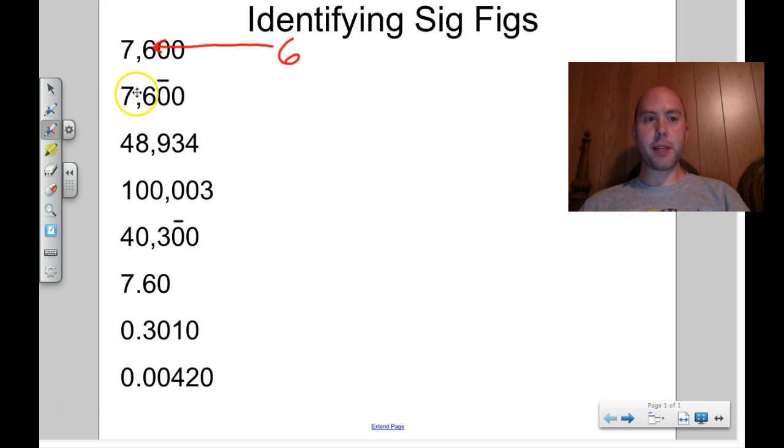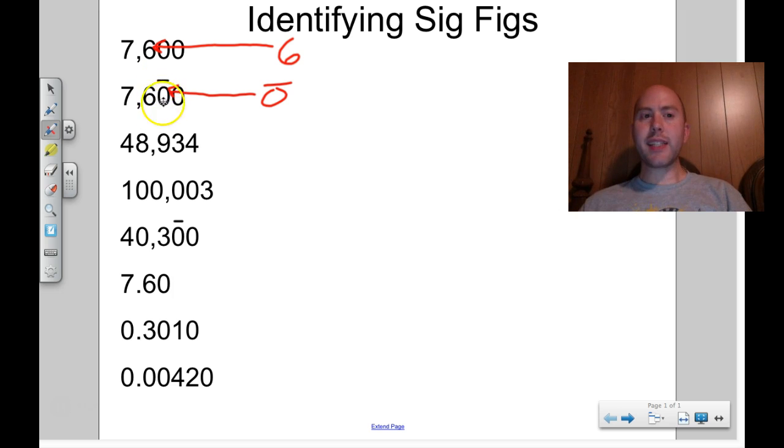If I do the same example here, okay, 7,600, but with the bar over here, the first sig fig going to the left-hand side is this 0 with the bar over it. That's my uncertain digit. So what this says to me is, I know for a fact it's 7,600 something. It could be 7,642. I don't know. Basically, it's like where I round.